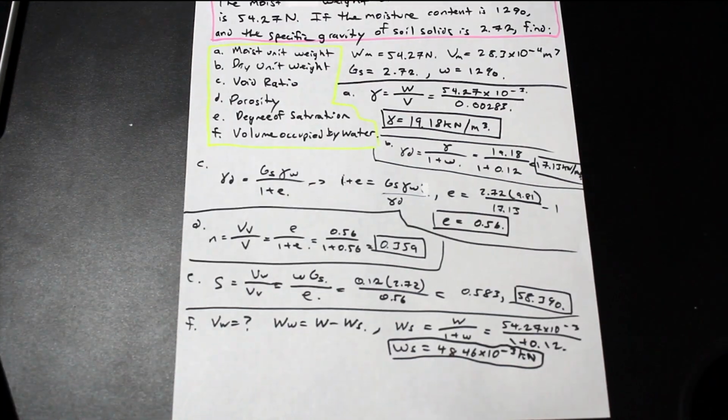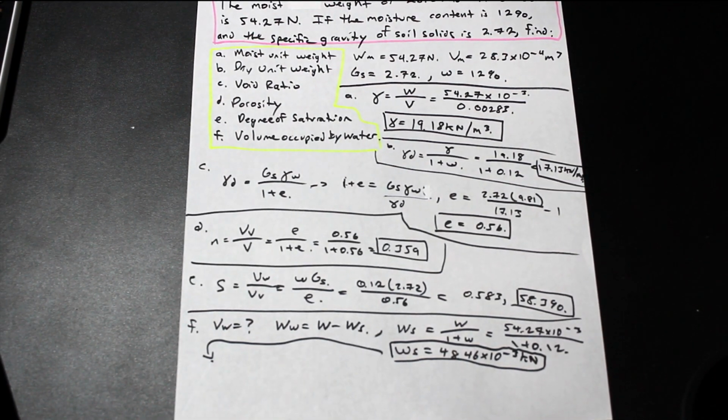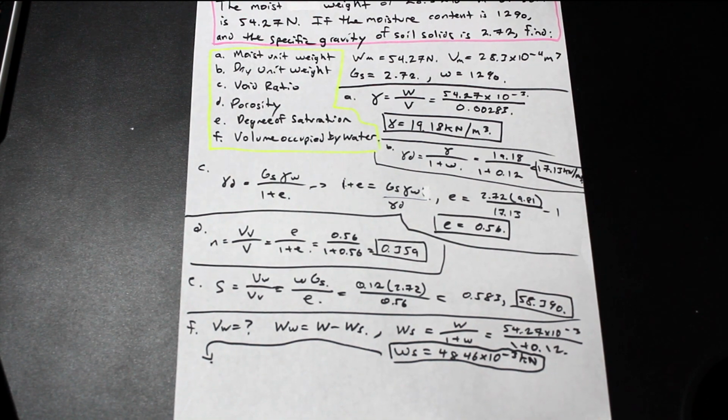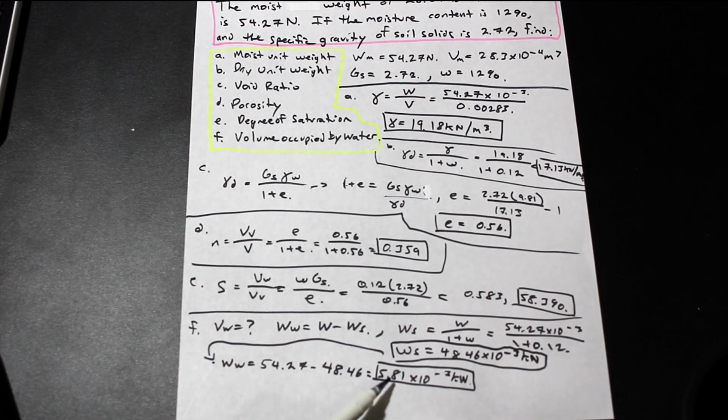Now that we have the weight of solids, we can start to find the weight of water. The weight of water is equal to, and we'll just do that in newtons, the weight minus the weight of solids, and that's going to give us the weight of the water. And how do we find the volume of the water? Well, it's simple. We need to know that density is equal to mass or weight divided by volume.